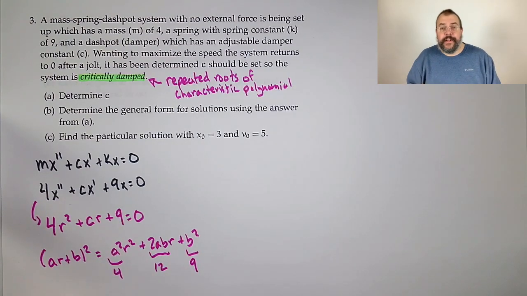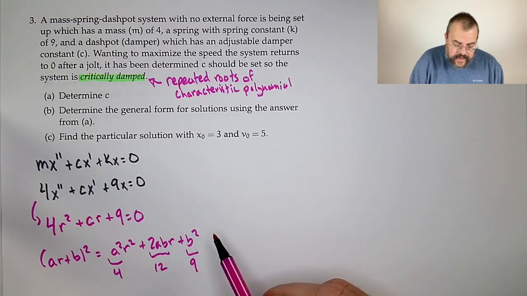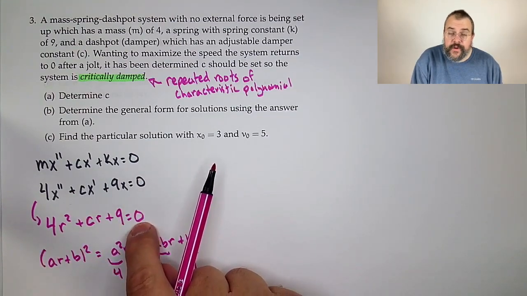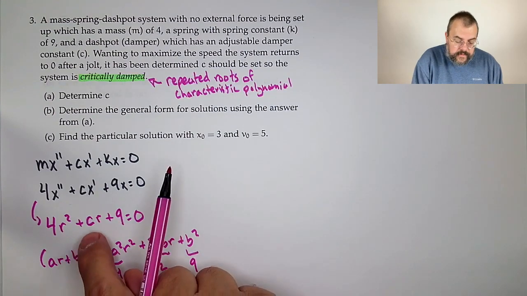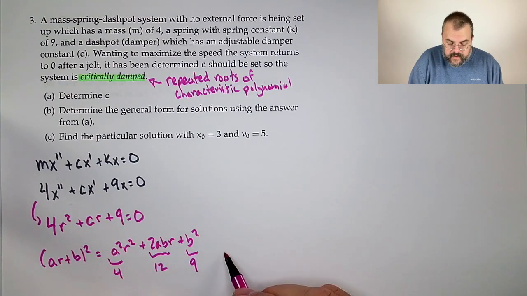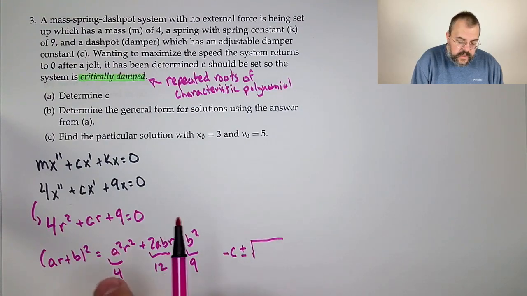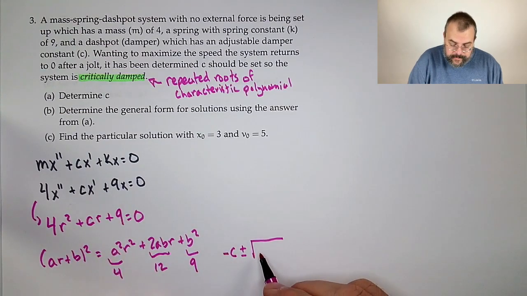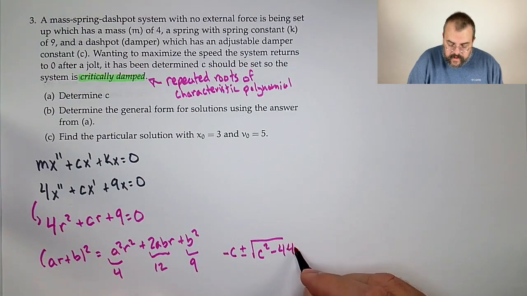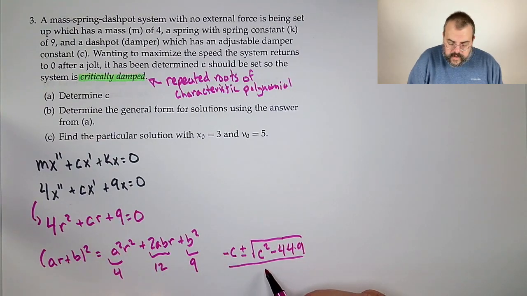Another way you could do this is to take this and throw it into the quadratic formula. So the roots would be negative this term here, plus or minus the square root of this term squared minus 4 times 4 times 9, all over 2 times 4.